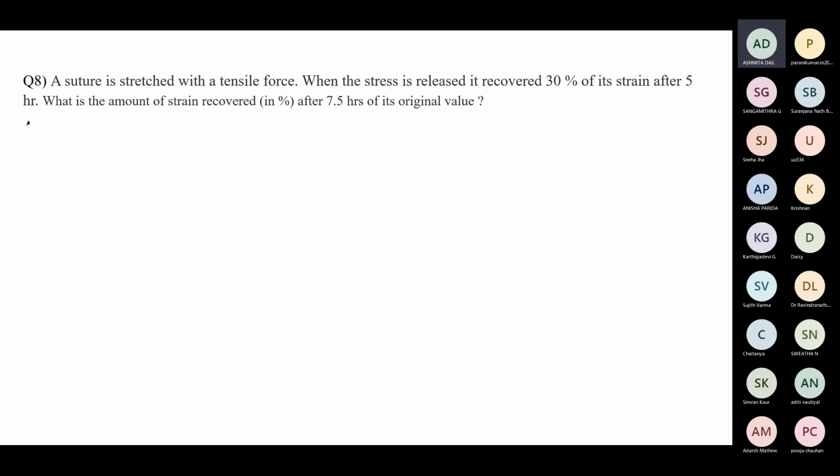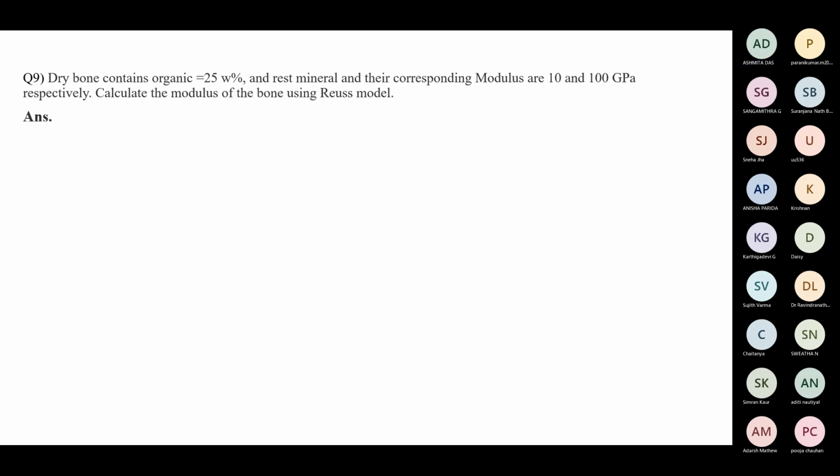So 1 minus e to the power minus 7.5 divided by 14.045 comes as 0.414, which equals 41.4%. Here t should be equal to 7.5, not 6. So now moving to the next question.